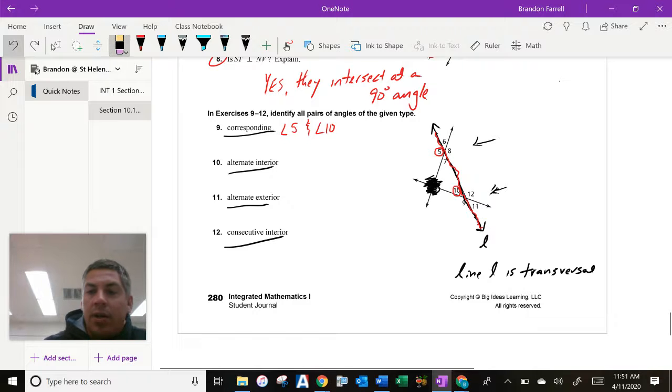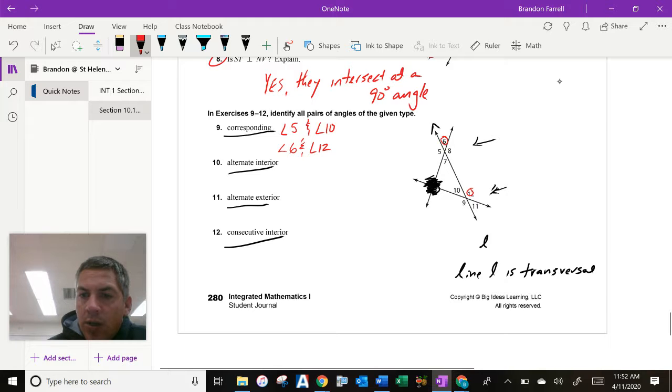I'm going to undo some of that drawing so we can work on this. Also, if you want to do corresponding angles, we can do pair 6. Let's go back to red. Angle 6 and angle 12.